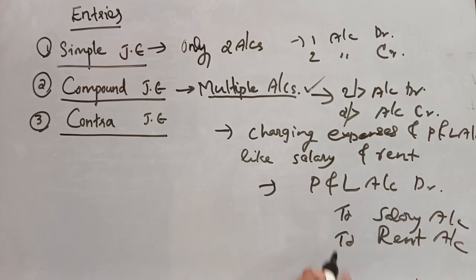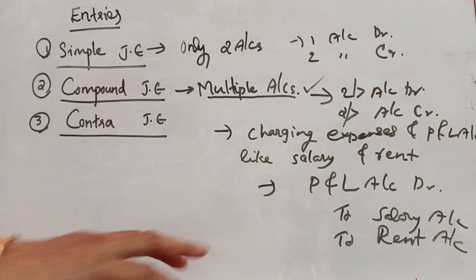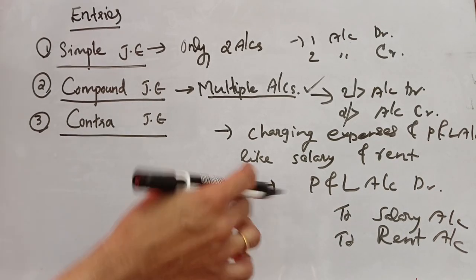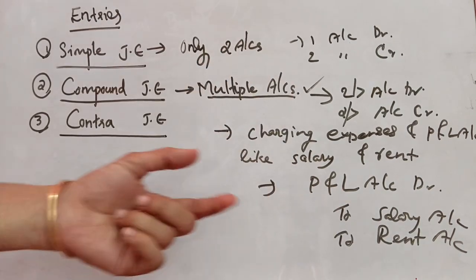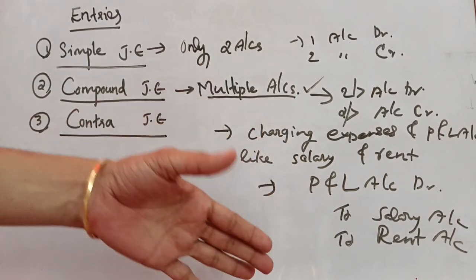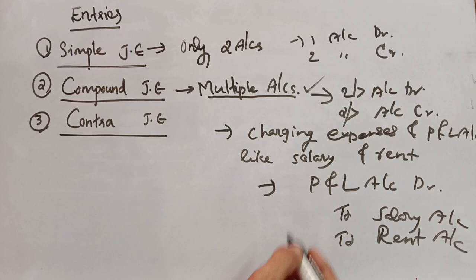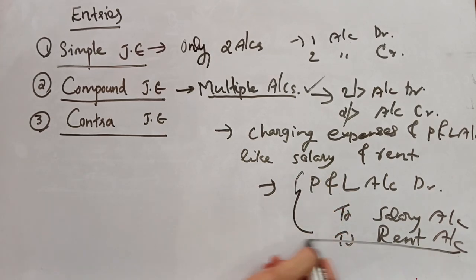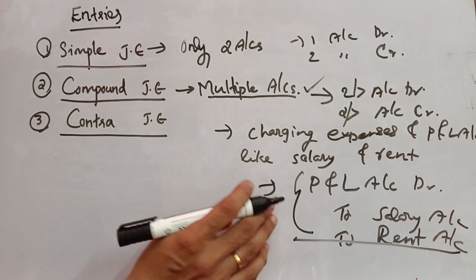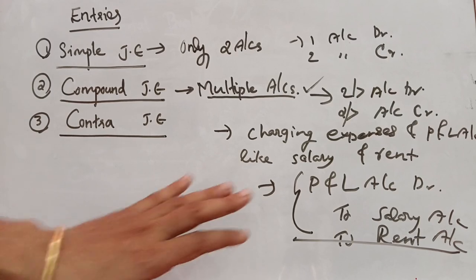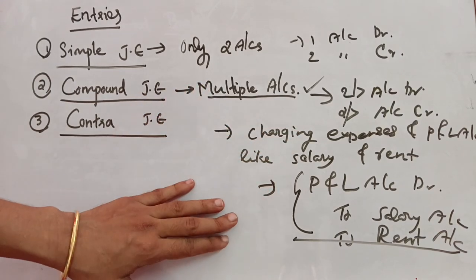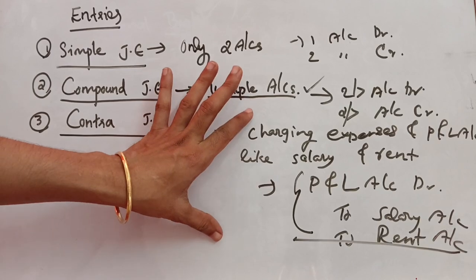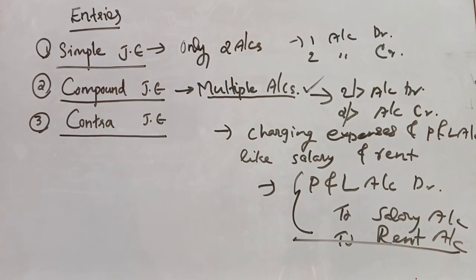Here two or more accounts get debited or two or more accounts get credited, or both, then also it can be called a compound journal entry. A transaction that involves multiple accounts is called a compound journal entry.